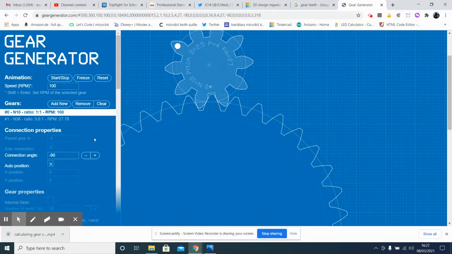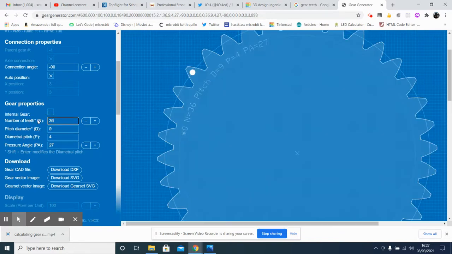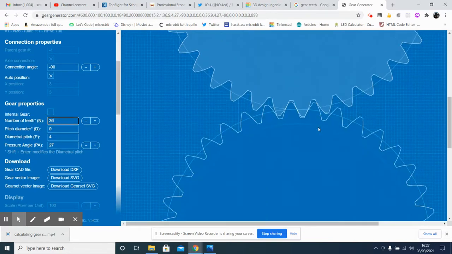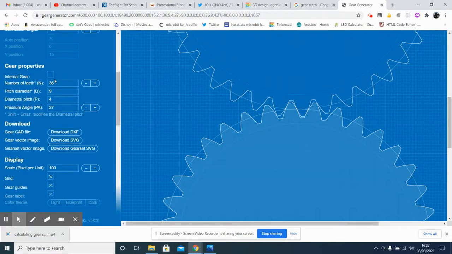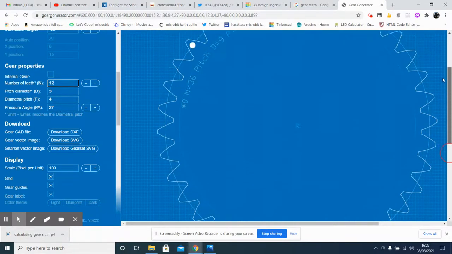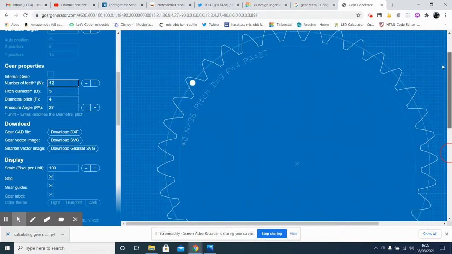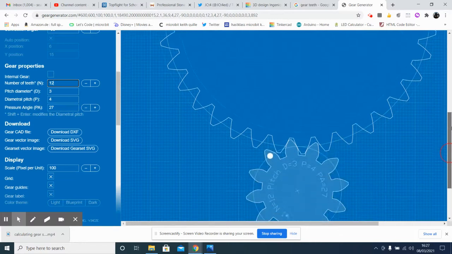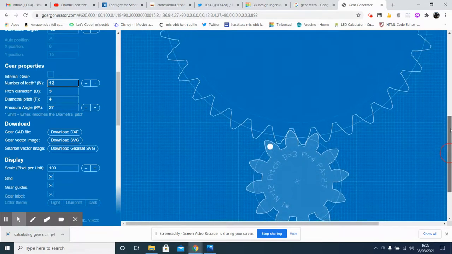This one here, 100 revs per minute, 36 teeth. This is our driven one, and our driven gear had 12 teeth. More like it. So this is what that system looks like, this gear train: driver gear, 36 teeth, driven gear here, 12 teeth. Let's have a look at it.